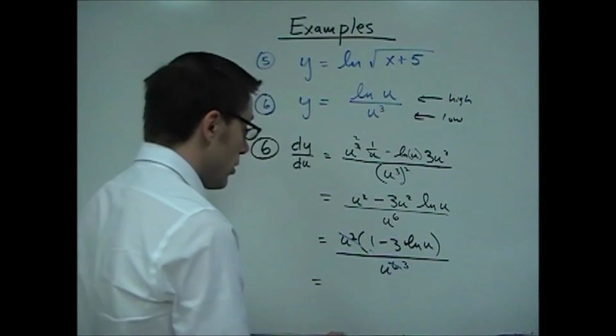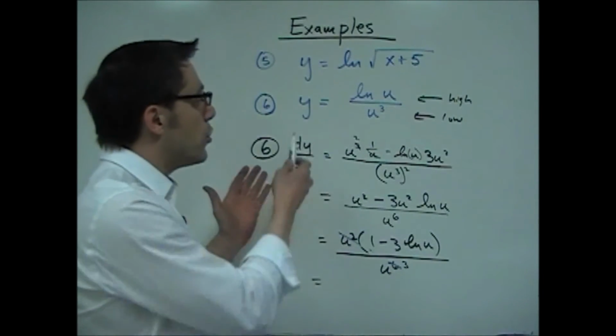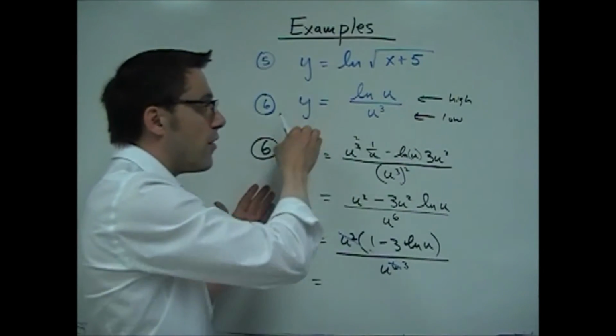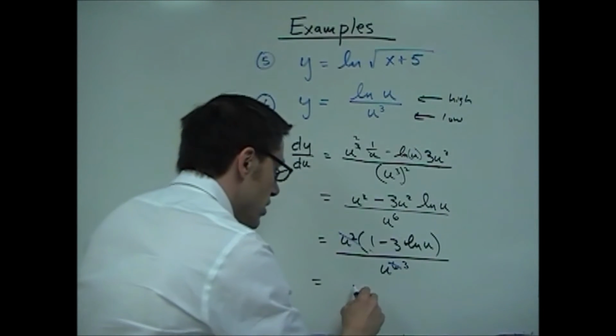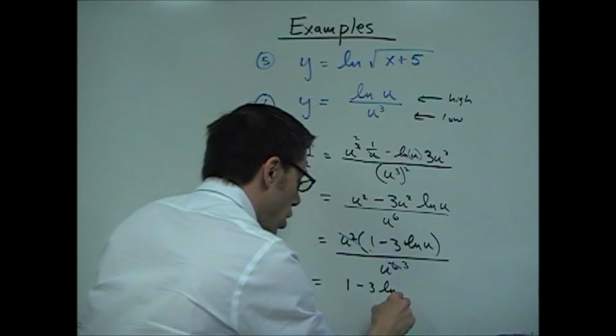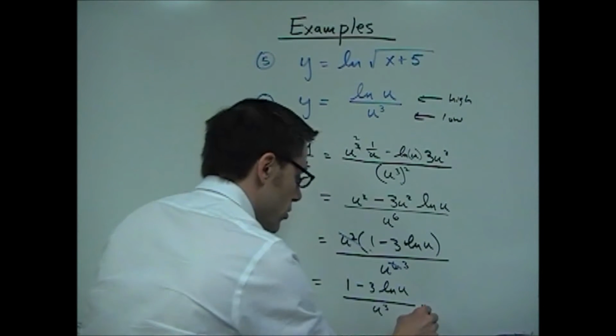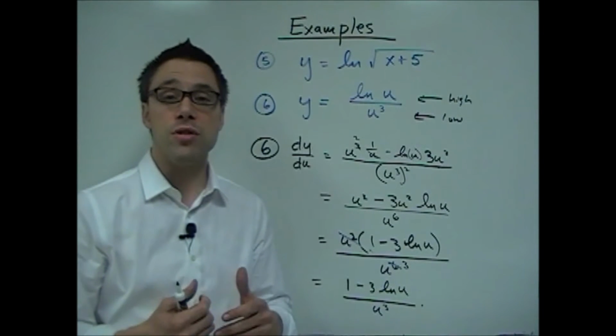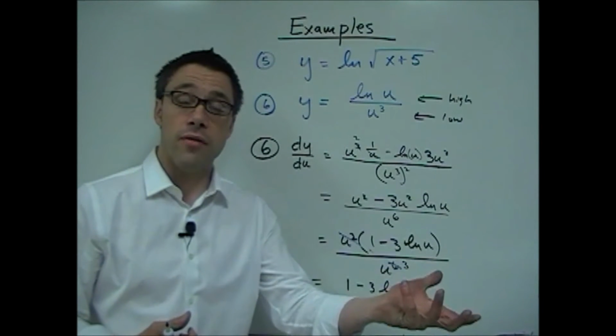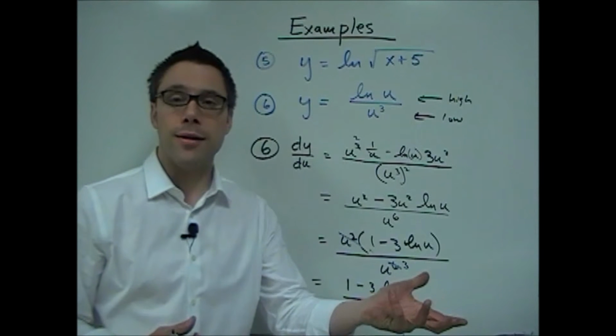So when all the smoke clears, the derivative of this function is going to be 1 minus 3 log u divided by u cubed. Right, there's my answer.